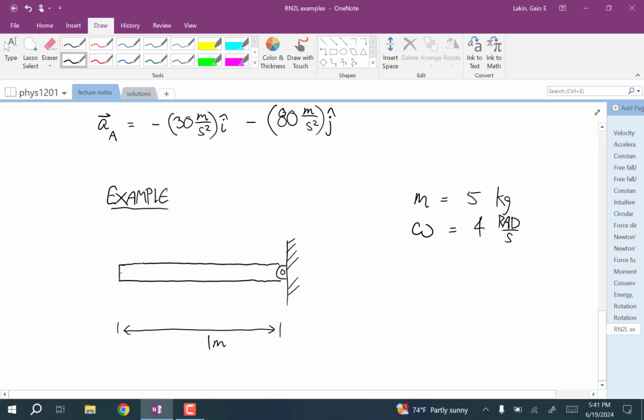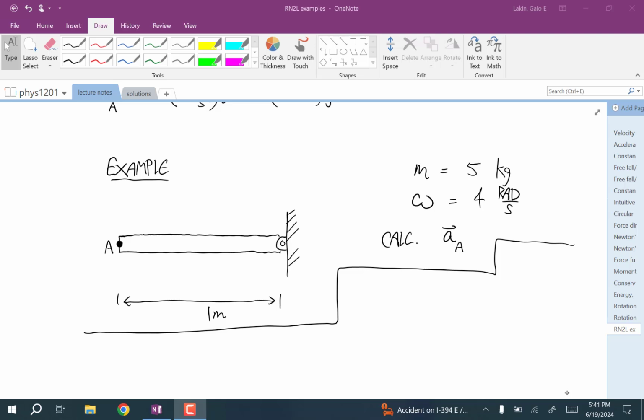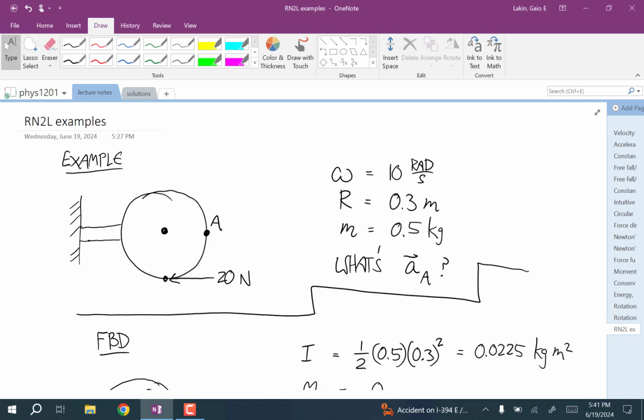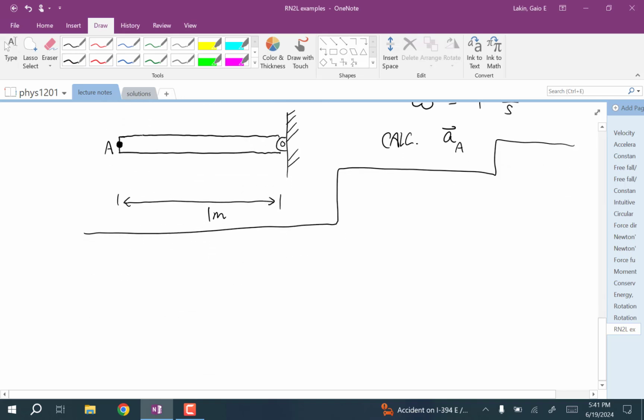And we want to calculate the acceleration of this point A at the end. I'm going to assume that the downward direction is toward the bottom of the page, so we're going to have to put gravity in this problem.